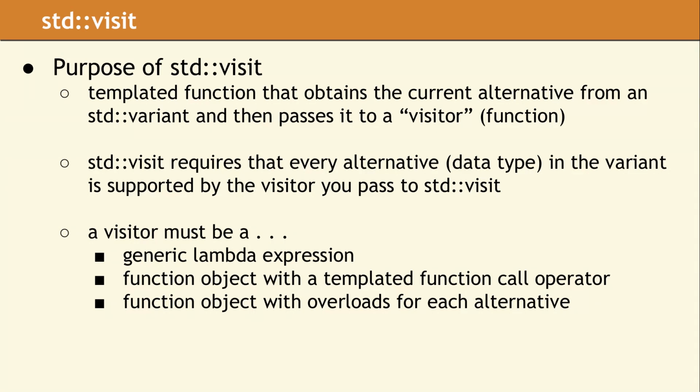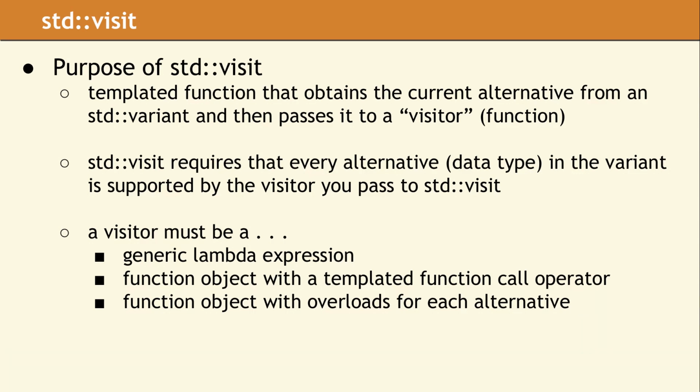In each variant, there are a number of alternatives, and usually each one is a different data type. When you call std::visit, it retrieves the current alternative and then passes it to a visitor function. As part of using std::visit, your visitor implementation must ensure the data type of every possible alternative based on the given variant is supported. Thankfully, it's a compiler error if you get this one wrong.